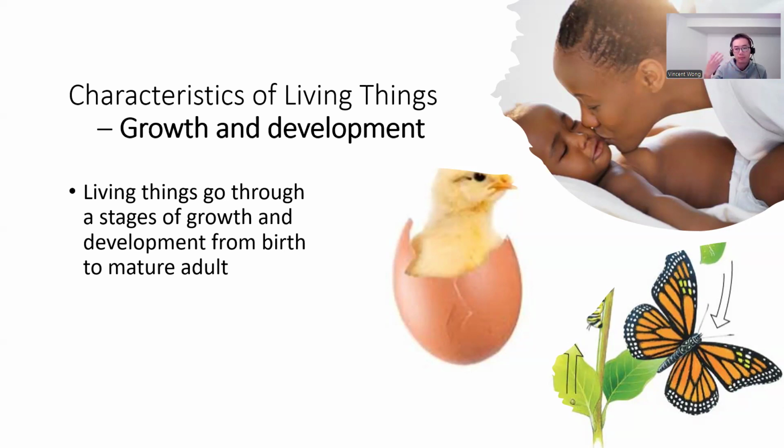But for the most part, you would be able to tell that the baby and the adult are both humans, right? Like you can tell. But for some other organisms like a butterfly, the stages are very different.